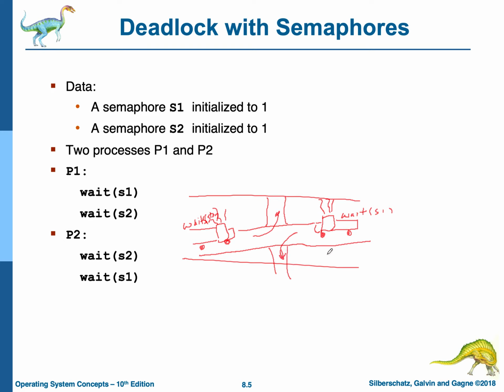Train 2 is waiting for train 1 to go first, and train 1 is waiting for train 2 to go first.